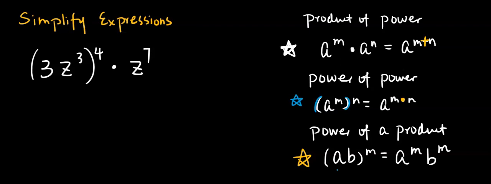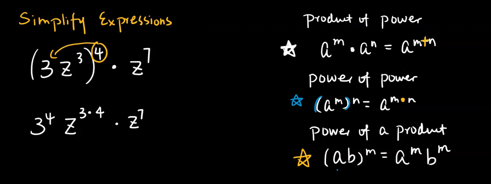Okay, did you say this one? I'm going to give the fourth power to 3, so 3 has the fourth power. I'm going to give the fourth power to z to the third power. Therefore, z has 3 times 4. Copy down the rest. We're doing baby steps. I know you probably spot it immediately, and it's okay.